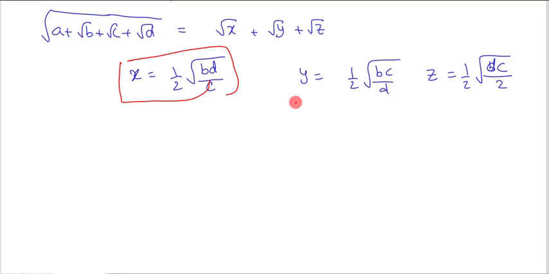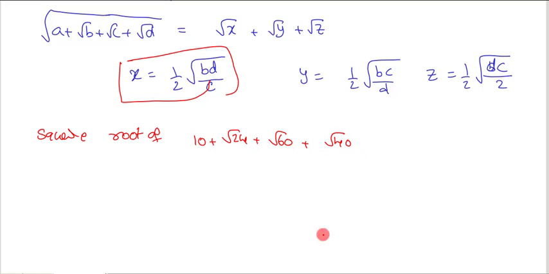Let us see one example based on this, and then of course we will close this section. Find the square root of 10 plus root 24 plus root 60 plus root 40.